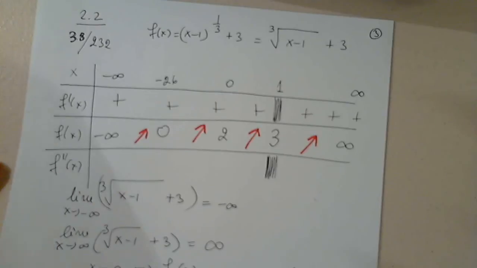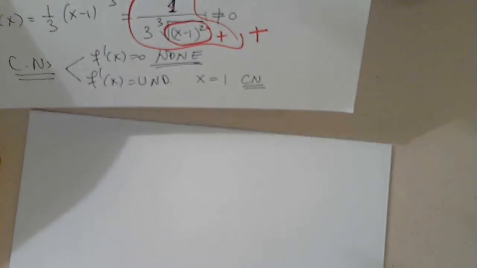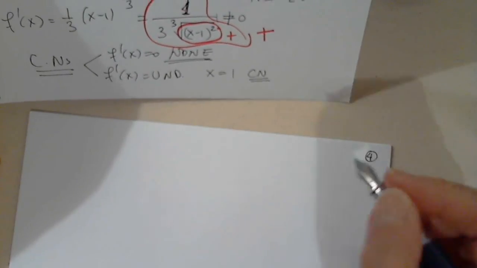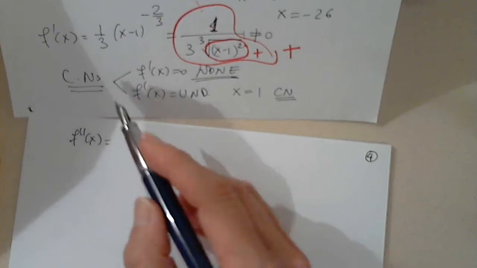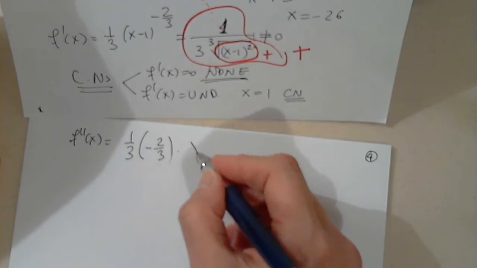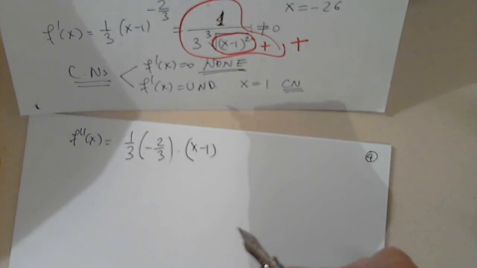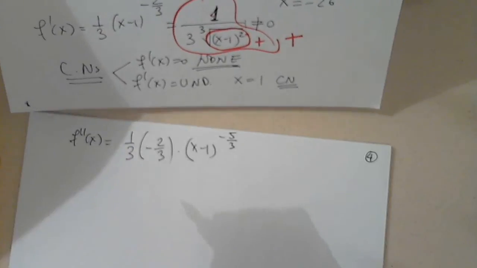Very good. So here's the first derivative. I like this form when I differentiate. So I get the second derivative, which is 1/3 in front times negative 2/3 times x minus 1 to negative 2/3 minus 1, which is negative 5/3.